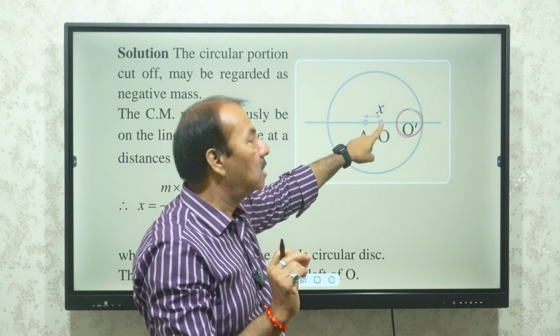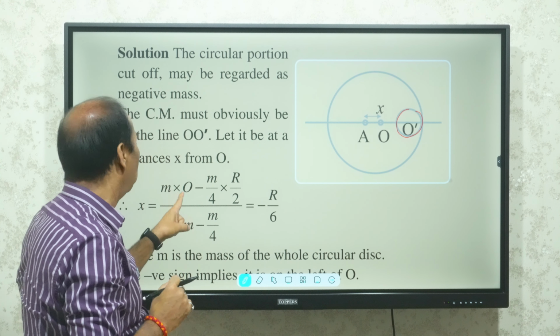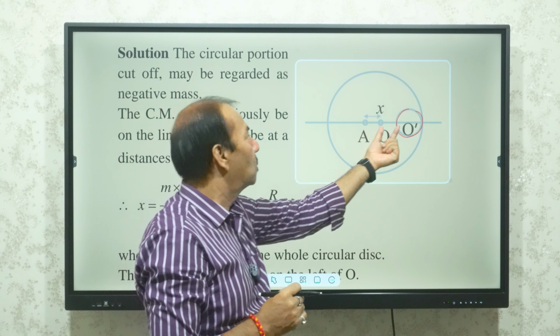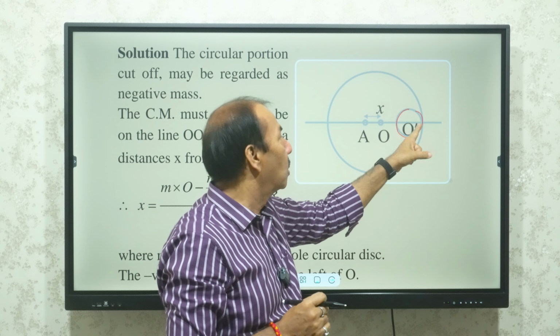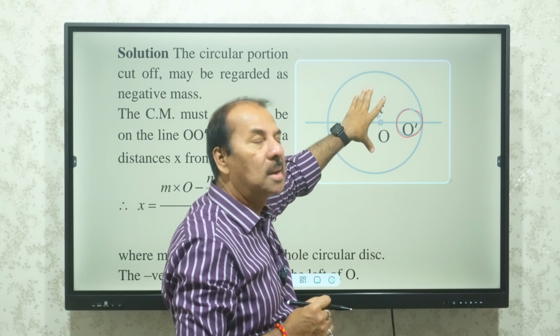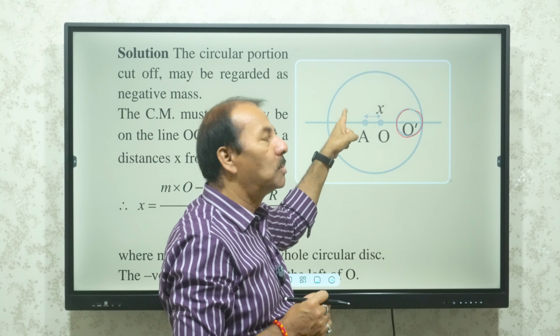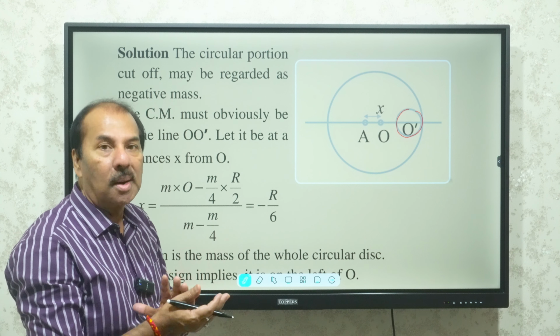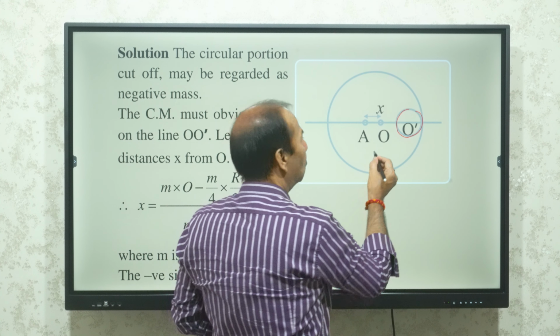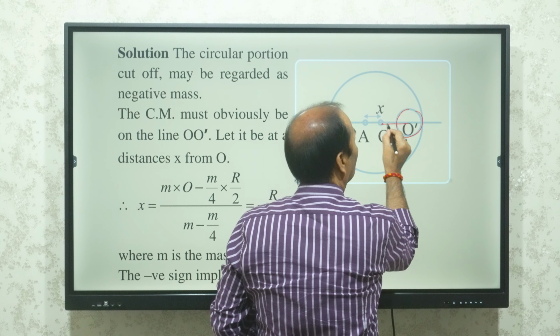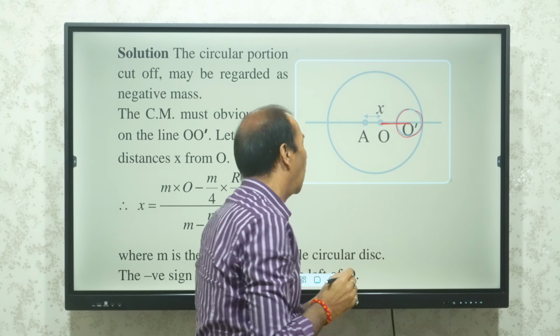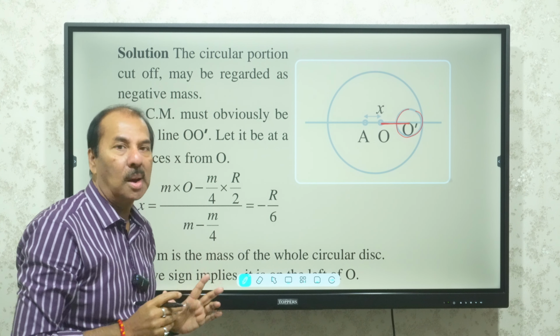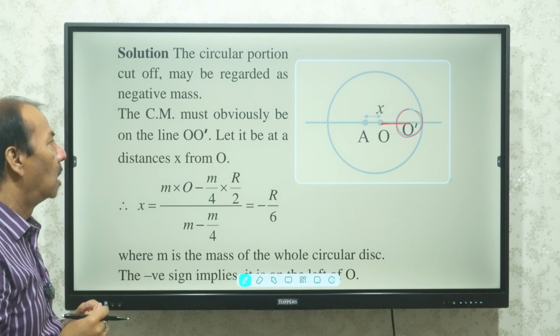So the x coordinate of that is 0. So m into 0 minus the mass of this, which will be m by 4, because the radius of this is half the radius of this, so this mass will be one fourth of this. So it will be m by 4 into x2. So x2 will be equal to R by 2, which is already given in the question.